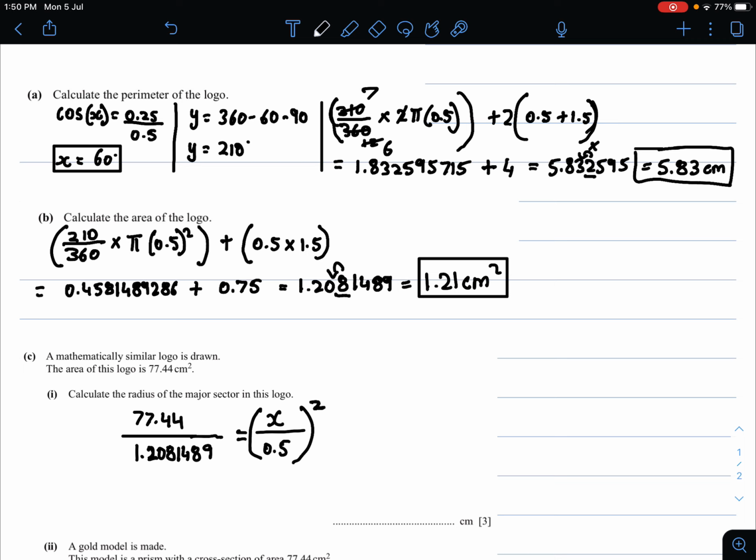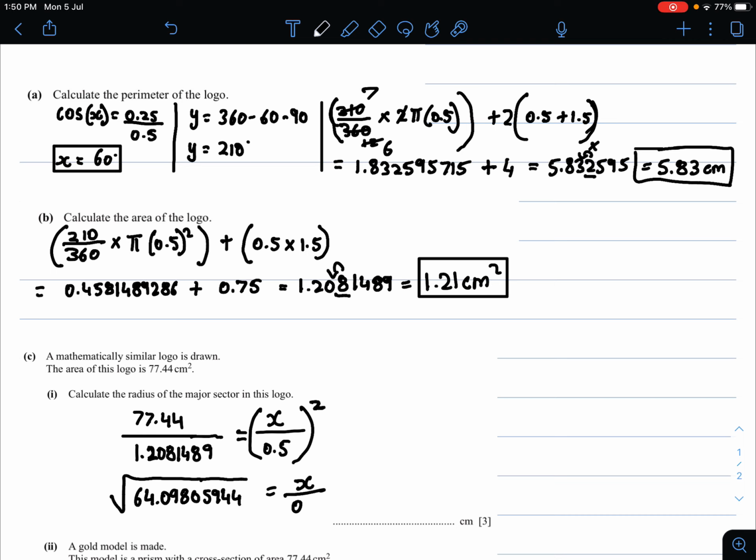So therefore you will have to root 77.44 divided by 1.2081489. So you will have to root 64.09, because we are solving for x.